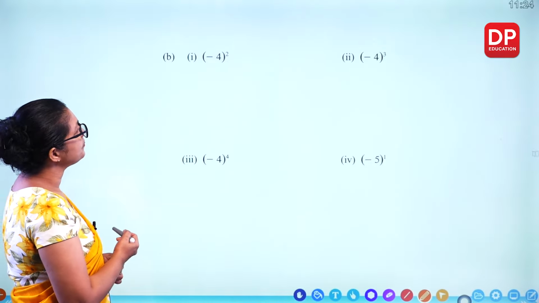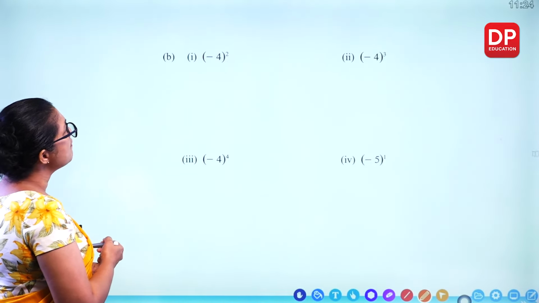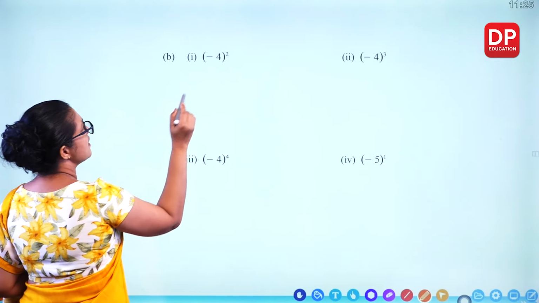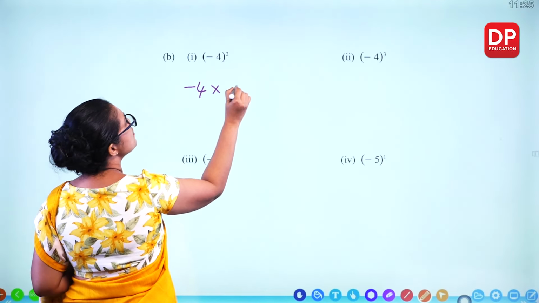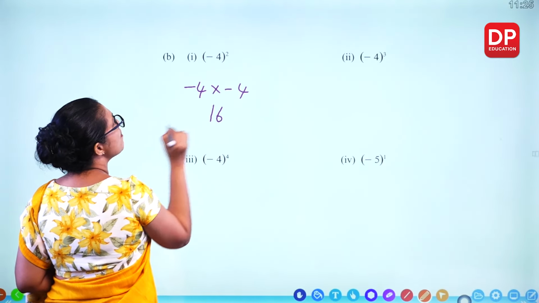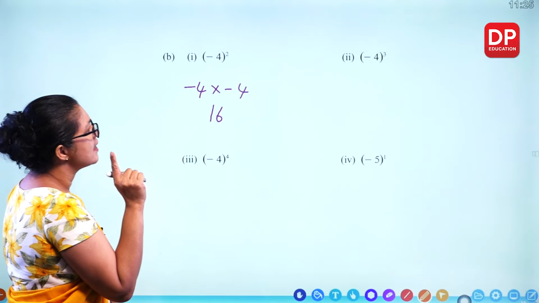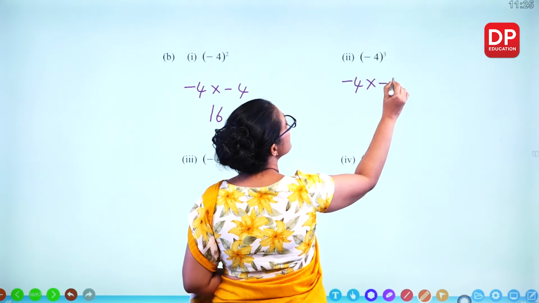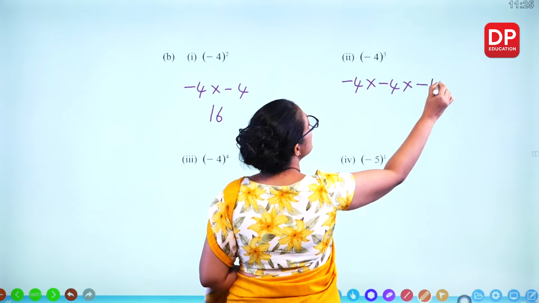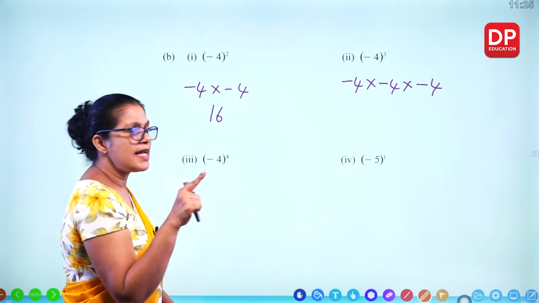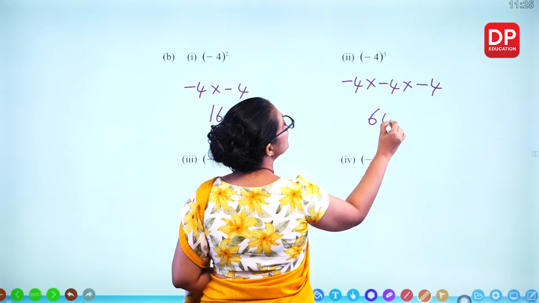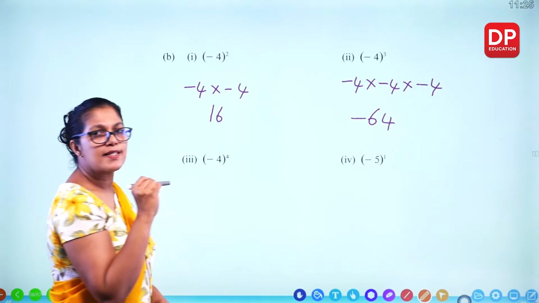Now this one, negative number to the power even, you are getting positive. So minus 4 times minus 4, that means positive 16. This is odd power. You are getting a negative answer. What is 4 times 4? 16. 16 times 4? 64. So you get negative 64.